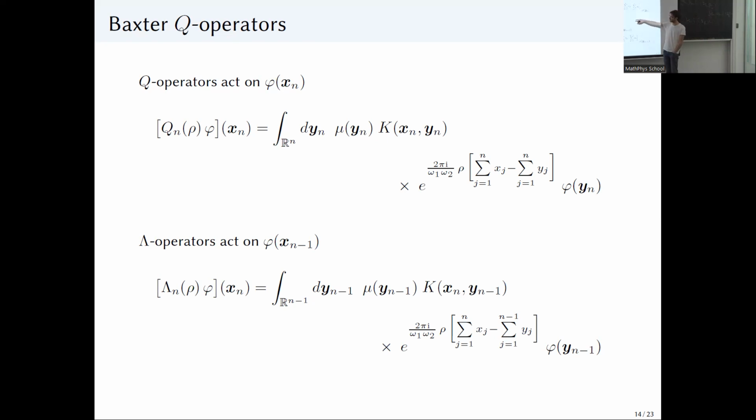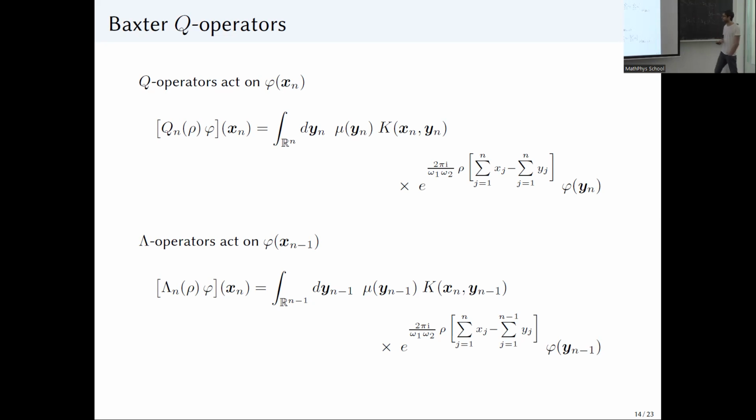The lambda operator increases the number of coordinates: it acts on functions of n-1 coordinates and gives a function of n coordinates. And the Q operator has the same type of kernel, but with the same number of integration variables and coordinates. So all of the functions are the same.